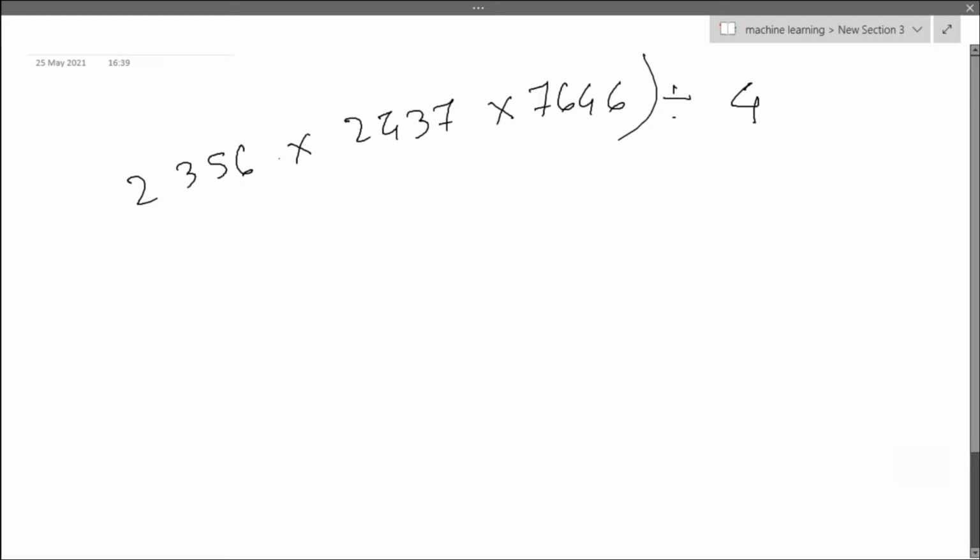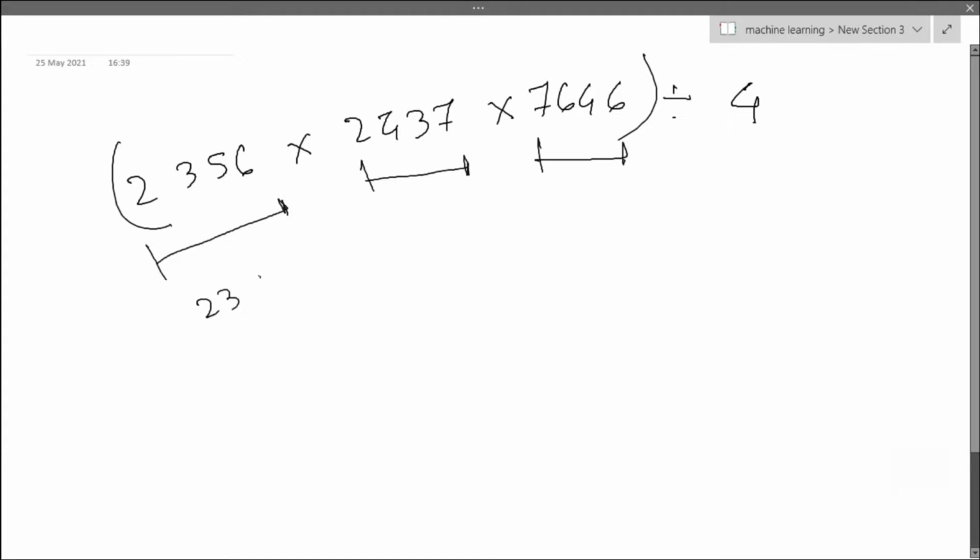Let us take another example. Find the remainder when 2356 into 2437 into 7646 is divided by 4. Here you should apply the shortcut trick. The trick is to find each component's remainder and multiply them.